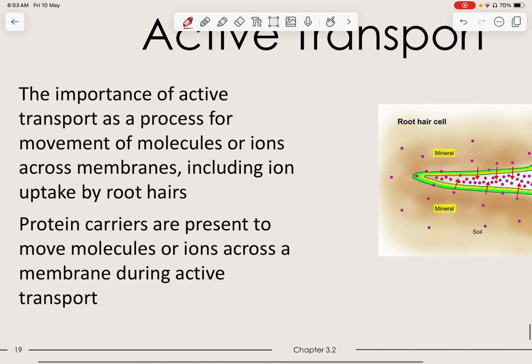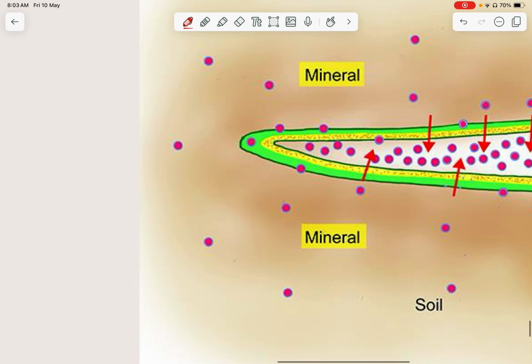So protein carriers, okay, we assume that on the lines here, there are always some proteins. So proteins act as a shuttle. Because this protein is activated with energy, these ions will bind to the protein, and then it will shuttle them into the root hair cell. So it's almost like a converter. It helps to transport from one side to another.